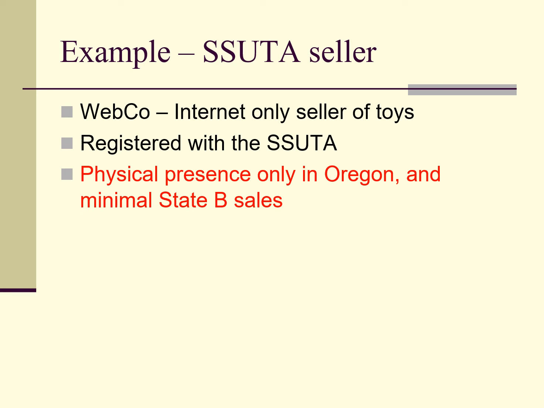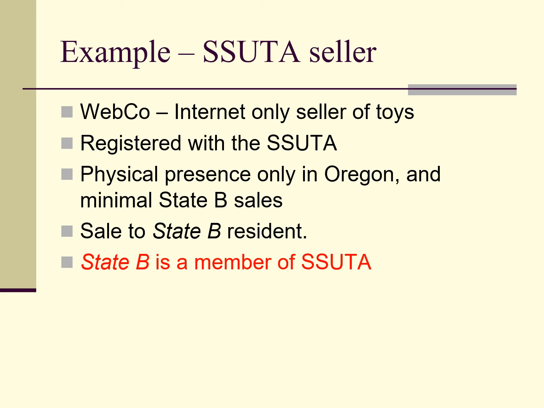Once again, Webco has physical presence only in Oregon and minimal sales in State B. The company sells to Smith, a State B resident. State B imposes both sales and use tax on toy sales.